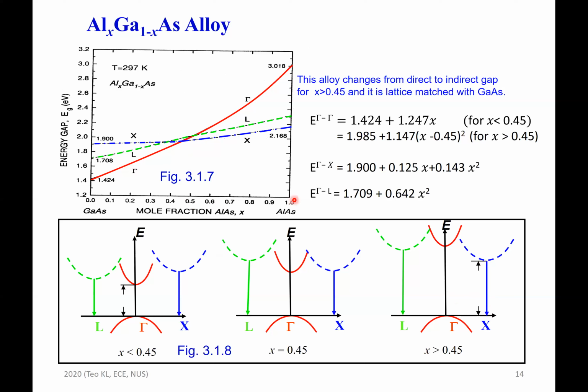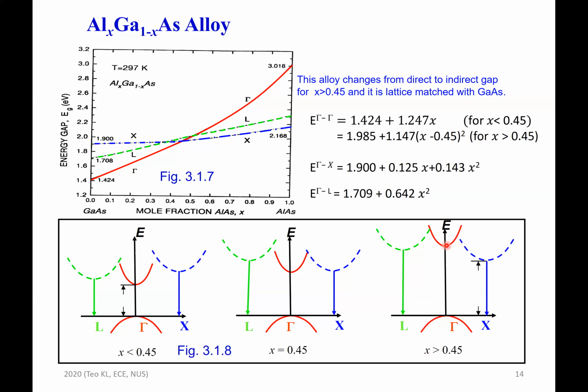As x goes to 1, it becomes aluminum arsenide. So again, this is the indirect gap of 2.16 eV. So from here to here is 2.16. And then the next one, which is the red one, is the highest.